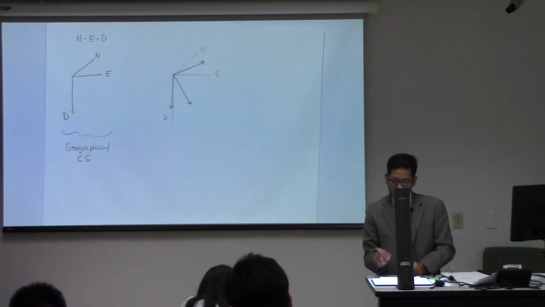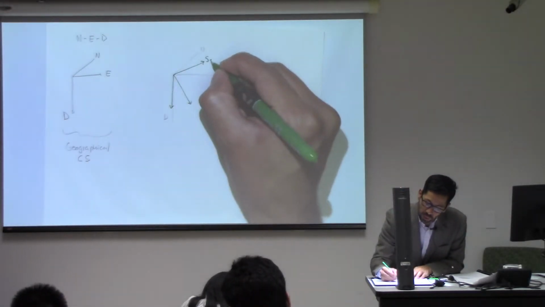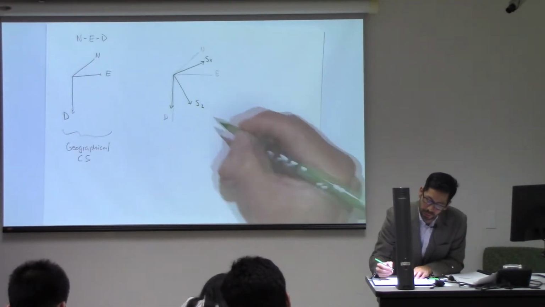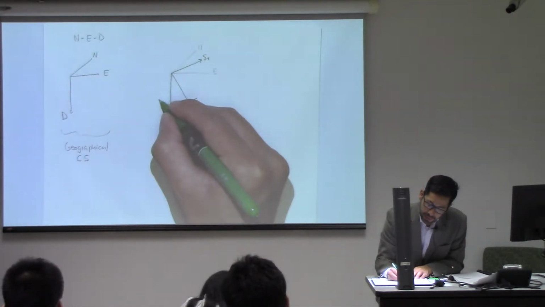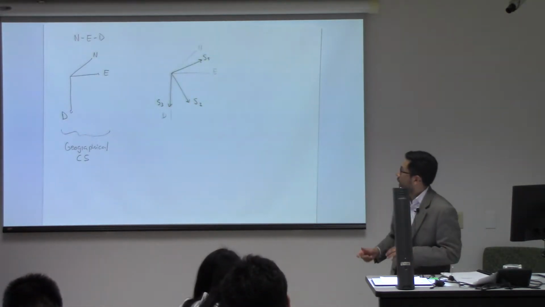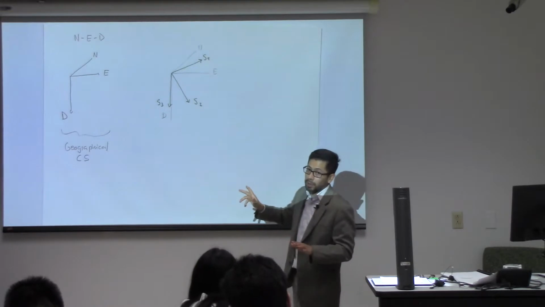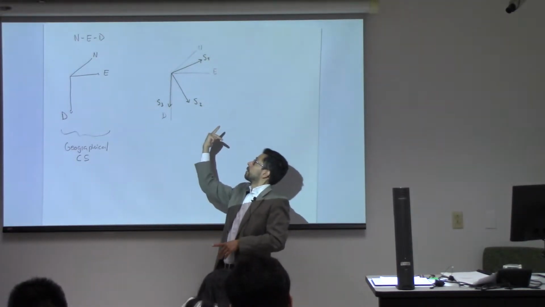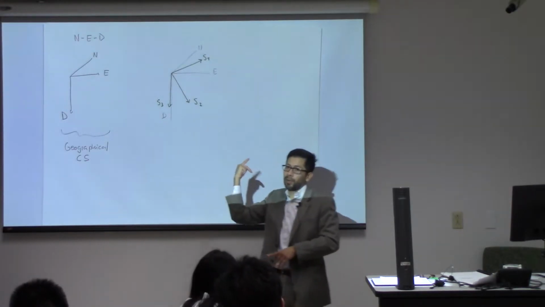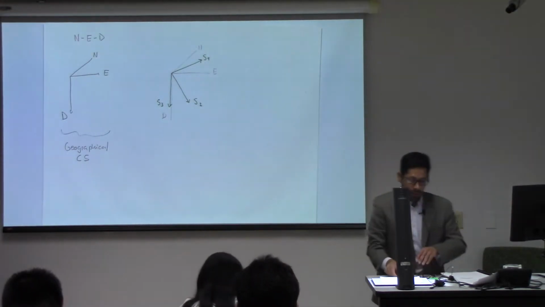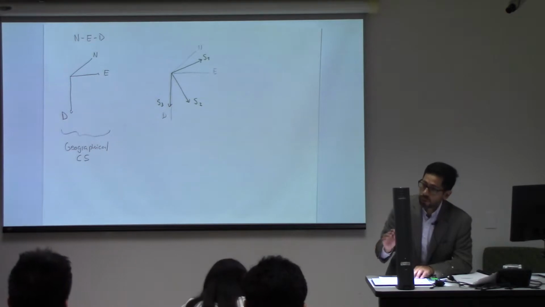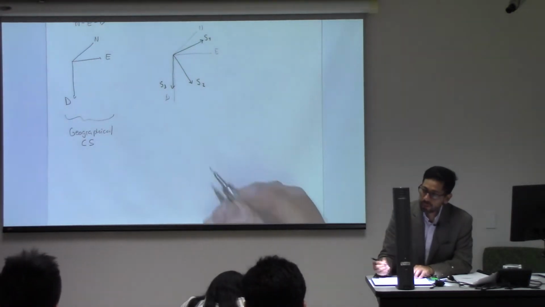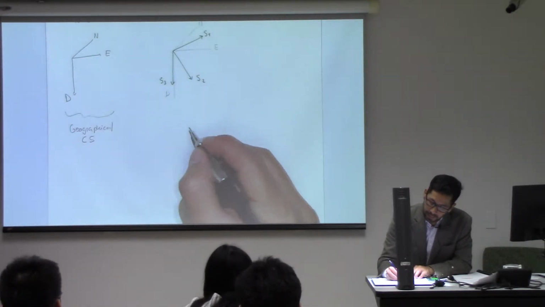So let's say that this is S1, this is S2, and this is S3. So let's check if this is a right-handed coordinate system. It has to be, otherwise this is not going to work. So this is 1, you do like that, right? It's going to be 2, it's going to be 3 going down. So this is how you report your principal stress system.